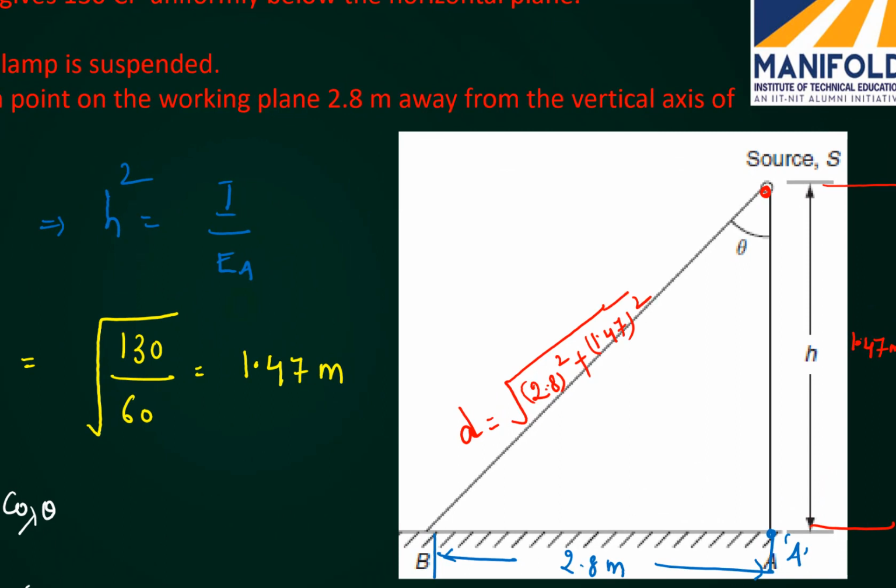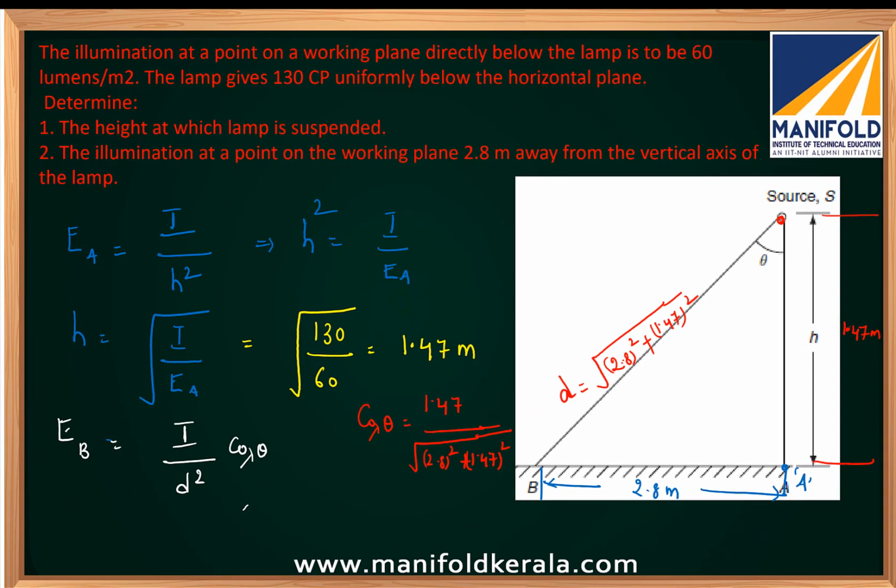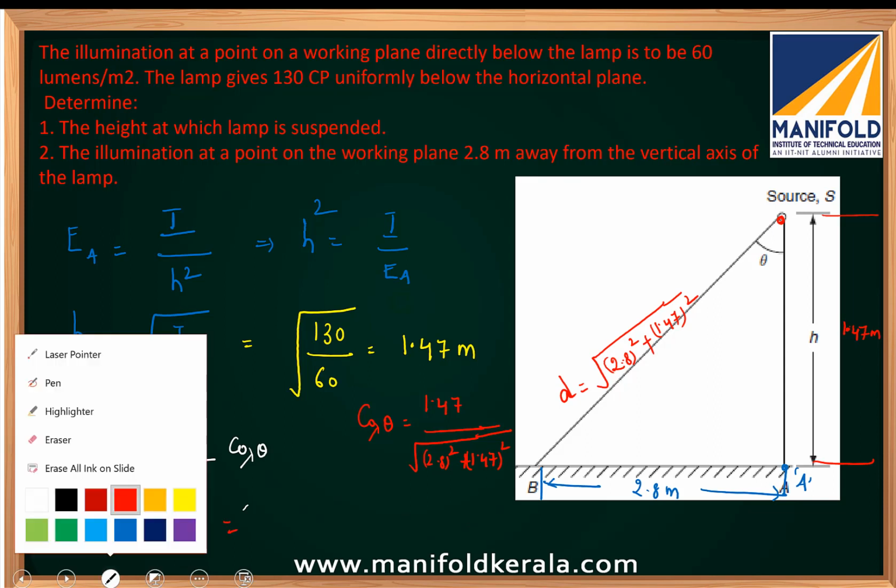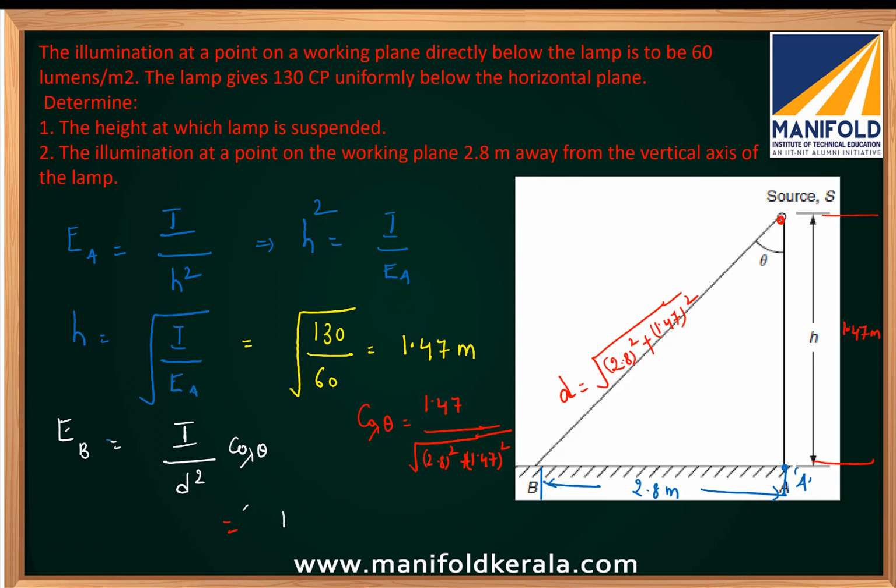And cos theta value will become 1.47 divided by the square root of 2.8 square plus 1.47 square. So this is your cos theta value. By substituting these values, you're going to get the answer as 11.54 lux, which is the illumination at point B.